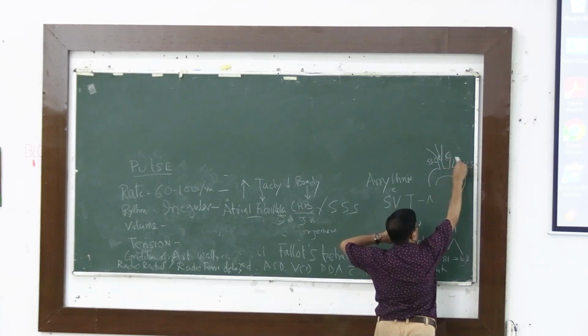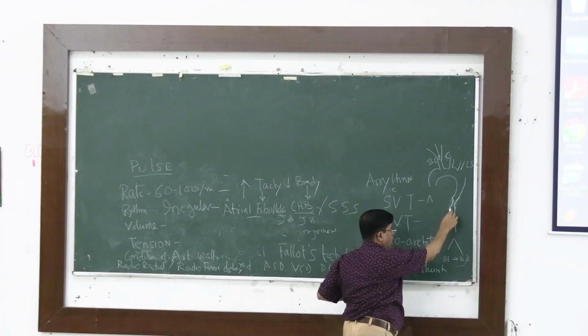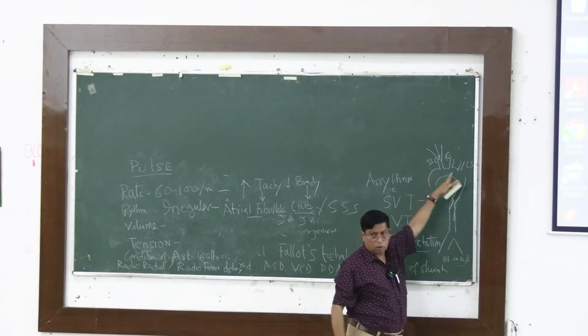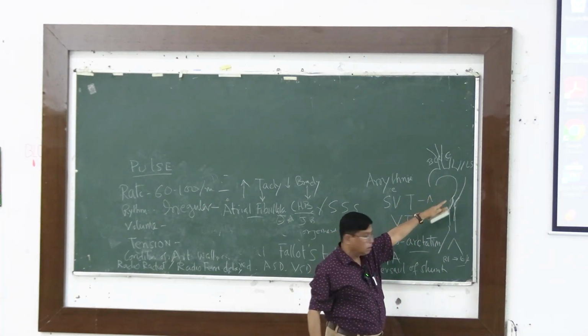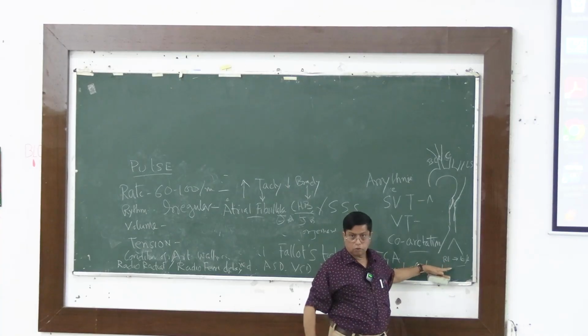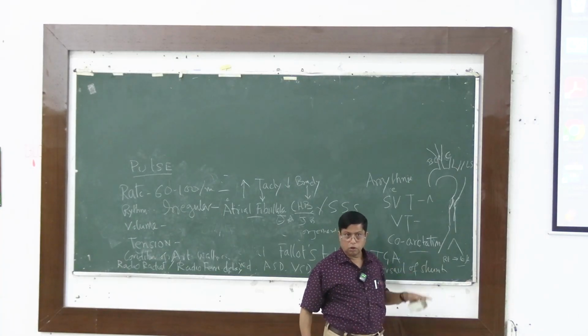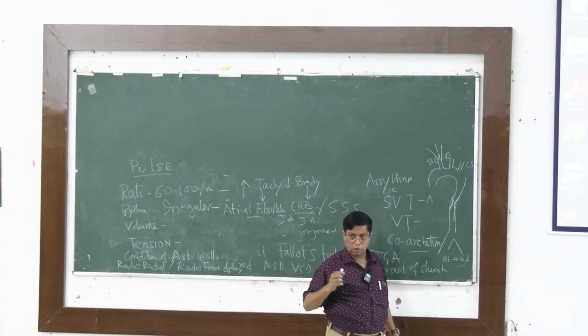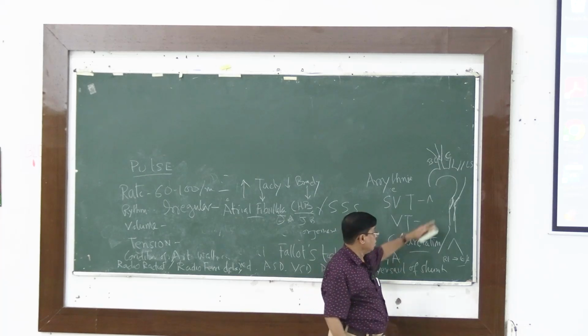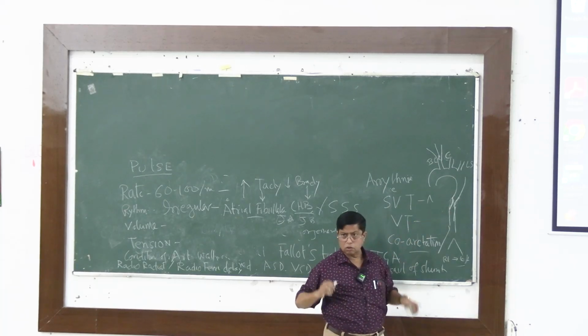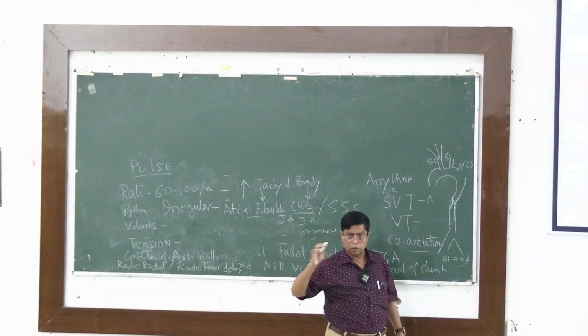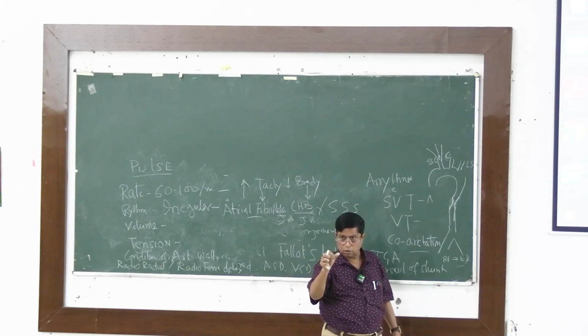So if there is aortic coarctation, both arms will get blood, and it will take some time to come to the femoral artery. So an important cause of radio-femoral delay is coarctation. And coarctation is classified according to the site of the obstruction.